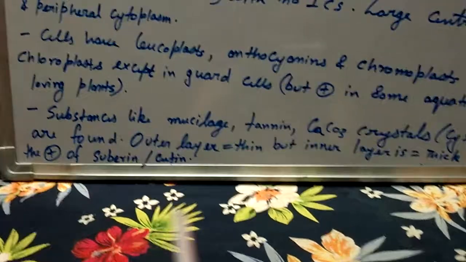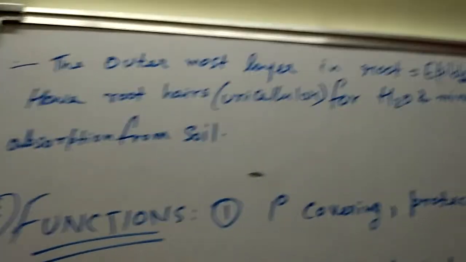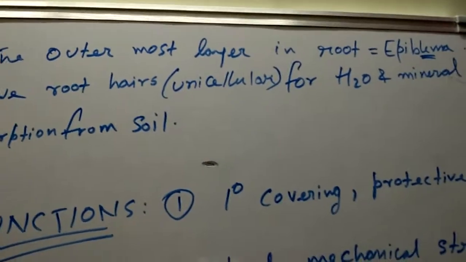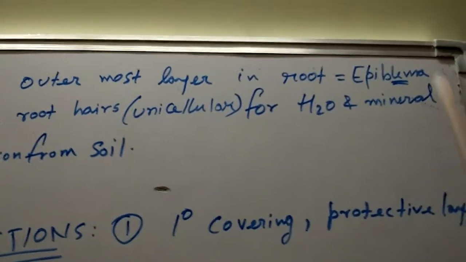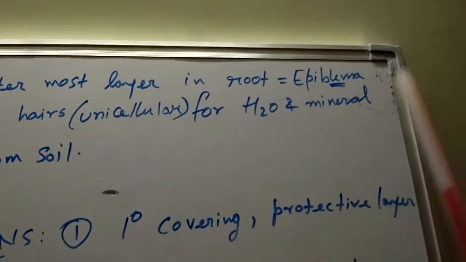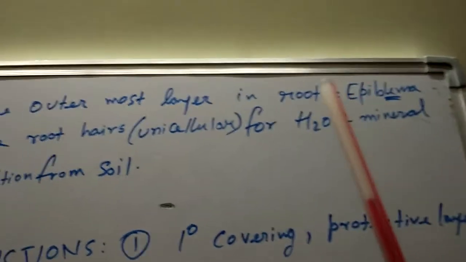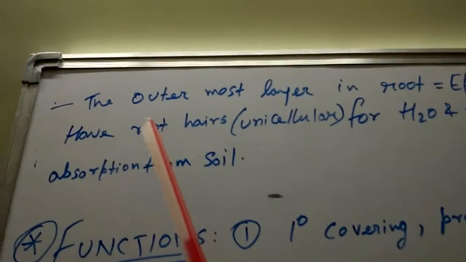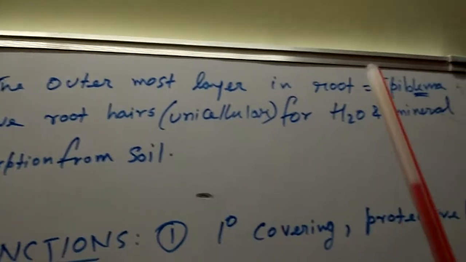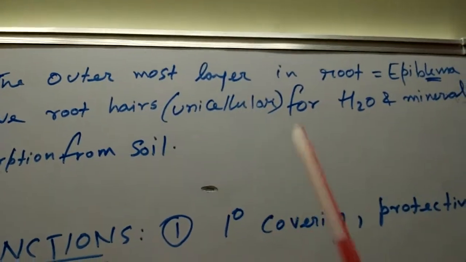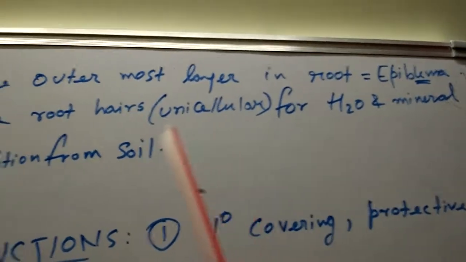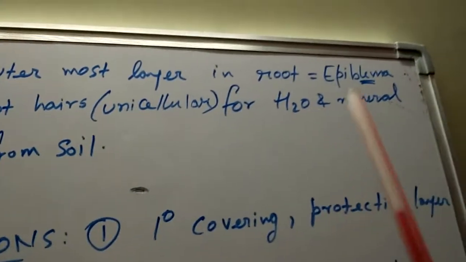These are meant for mechanical support. The outermost layer in case of root is known as epiblemma. So it's not called epidermis, but it's known as epiblemma in case of root. And root epiblemma has root hairs which are commonly unicellular in nature, and these root hairs are needed for water and mineral absorption from soil.